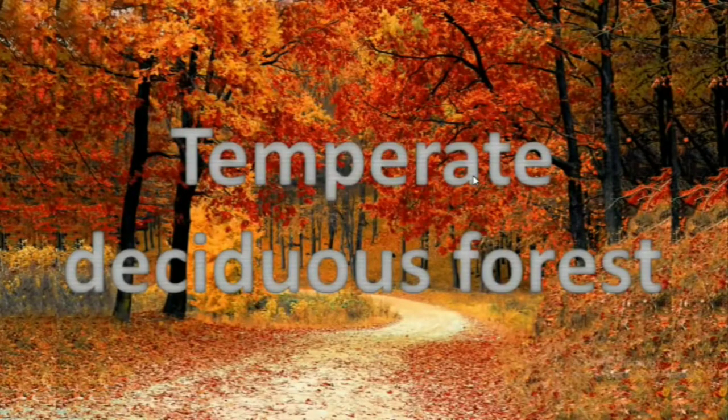Next is temperate deciduous forest. These are found in higher latitudes like the northeastern part of USA, China, New Zealand, Chile and also in the coastal region of Western Europe. They shed their leaves in the dry season.